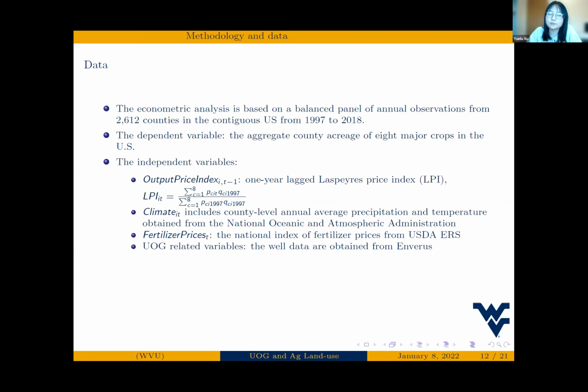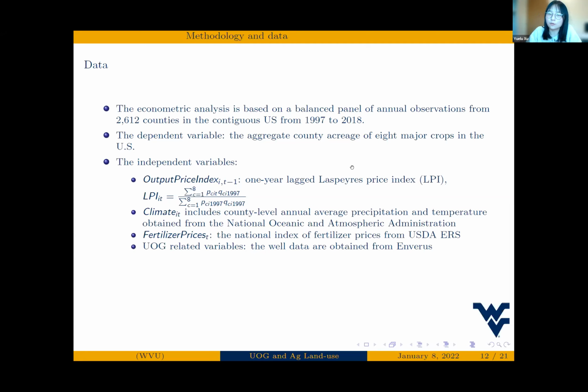The one-year lagged price index from the last period is used as a proxy for the crop price. Climate variables include the annual average precipitation and temperature at the county level. For the fertilizer costs, we use the National Index of Fertilizer Prices from USDA ERS.